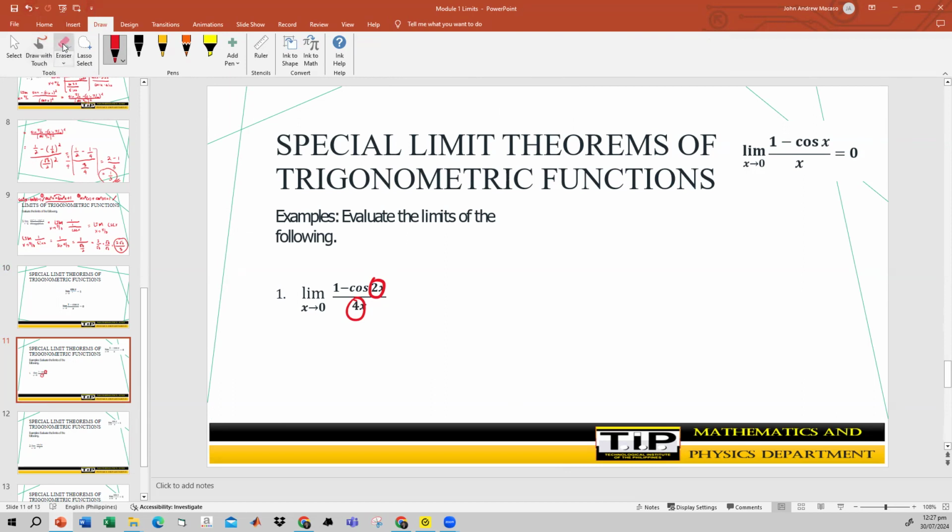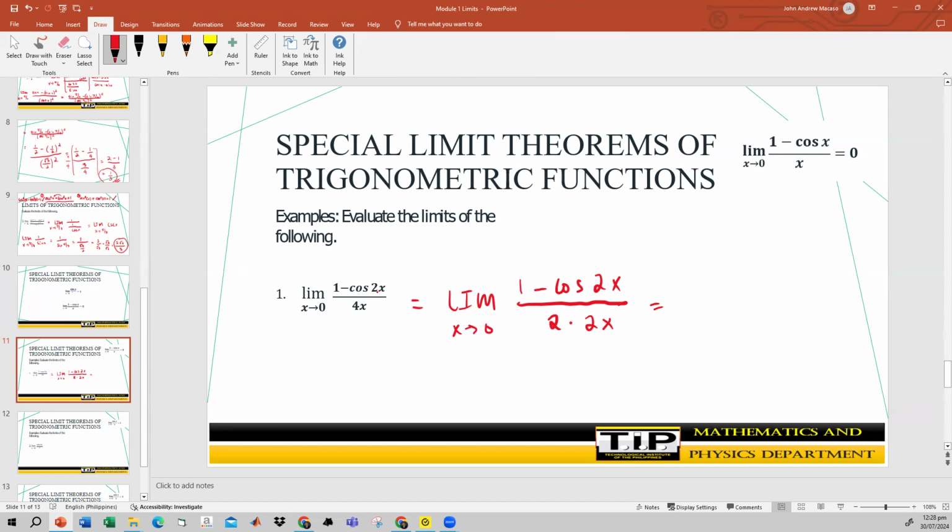So in that case, what you need to do, class, is make the denominator 2x. So we can rewrite this as the limit of 1 minus cosine 2x over, we can rewrite 4x as 2 times 2x, as x approaches 0.